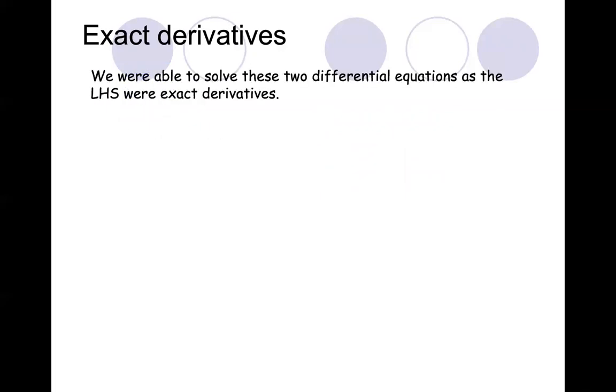We were able to solve these two differential equations because the left-hand side was an exact derivative. These are the two equations we have solved because the left-hand side are exact derivatives of some product.